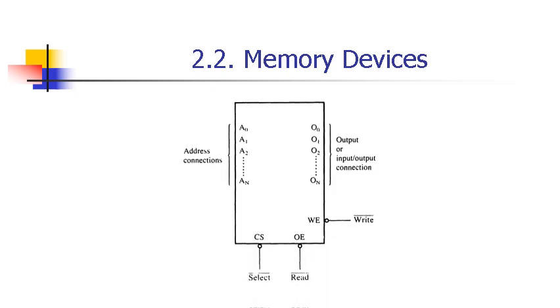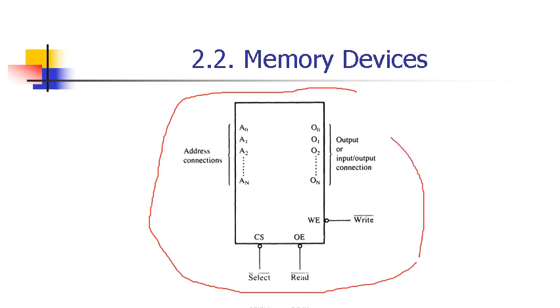Alright, this is a typical memory device. A memory device has address connections from A0 to AN, so N plus 1 pins to provide the address, and output pins O0 through ON to get the output from.